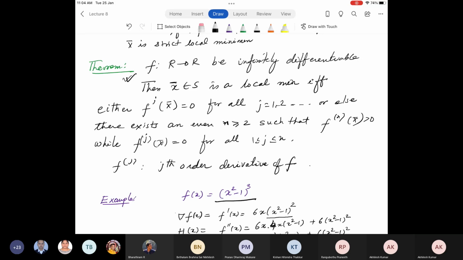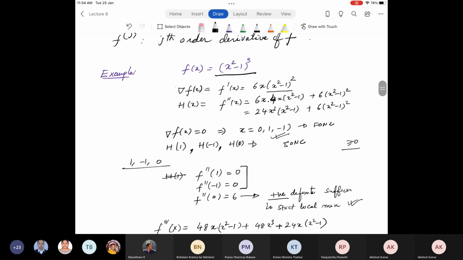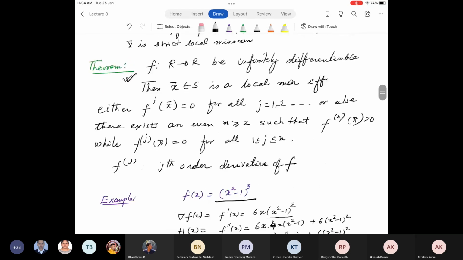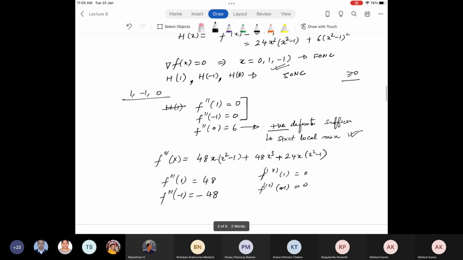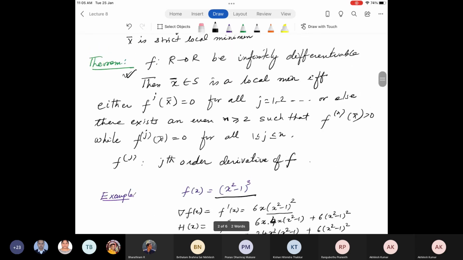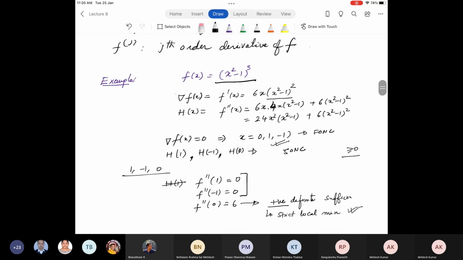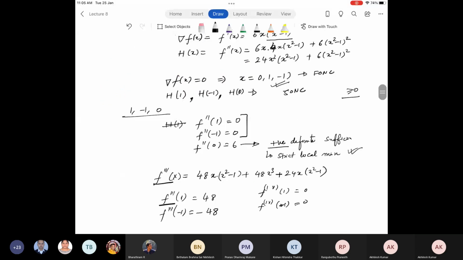So you see this theorem will not hold, because if you take f(4)(1) and f(4) minus 1, it will be 0 and 0. However, I have found an n, but first of all, it is not greater than 0, and secondly, all other derivatives less than n are also not equal to 0.